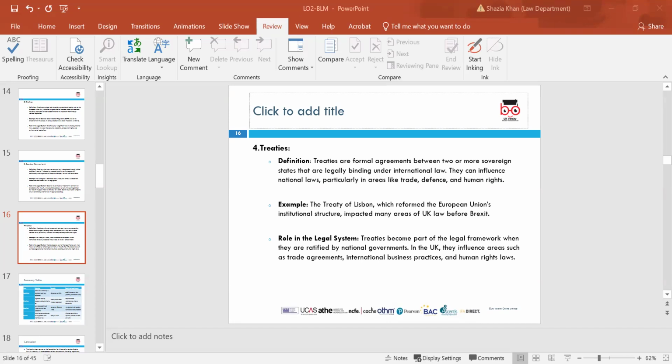Some examples are the Treaty of Lisbon and the Treaty of Paris. These are important agreements internationally between states, governed by international law. Treaties become part of the legal framework and are ratified by national law, so they are important in implementing laws which are internationally based.